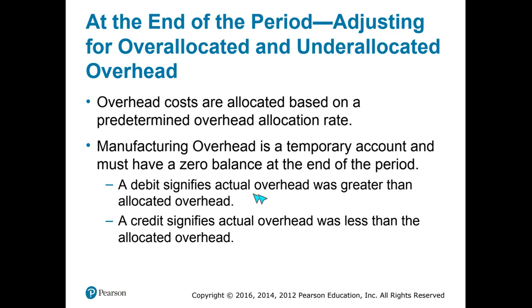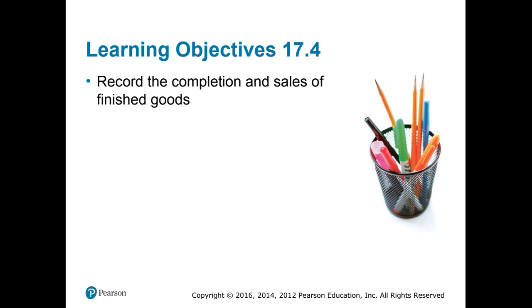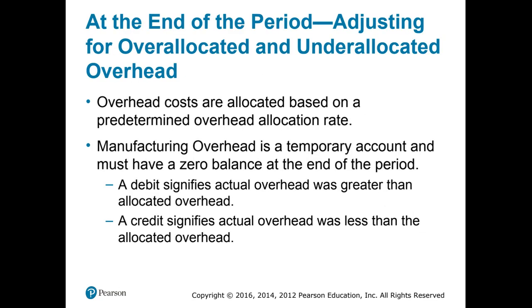A debit signifies actual overhead was greater than allocated overhead, and a credit signifies actual overhead was less than the allocated overhead. Any questions on this so far?